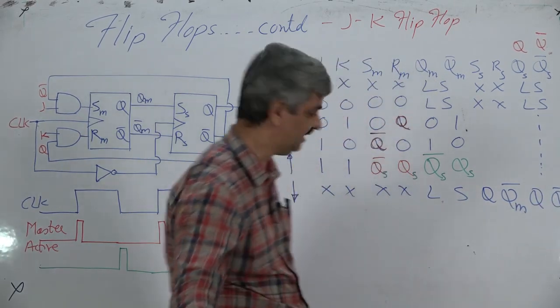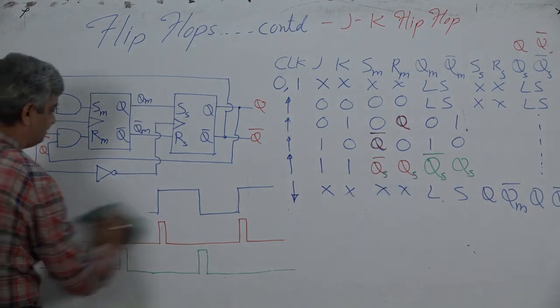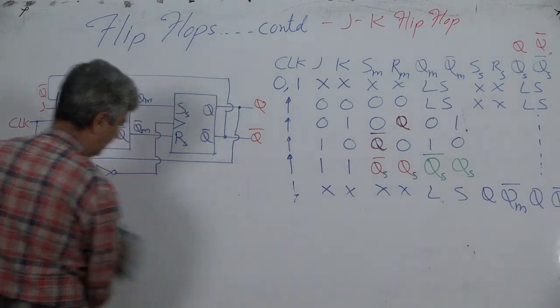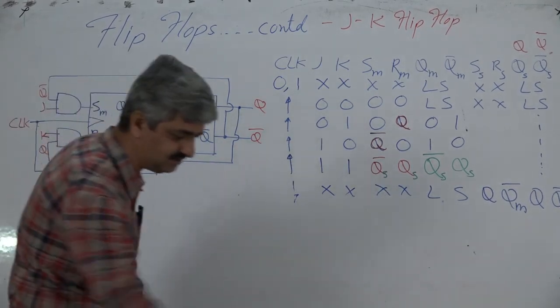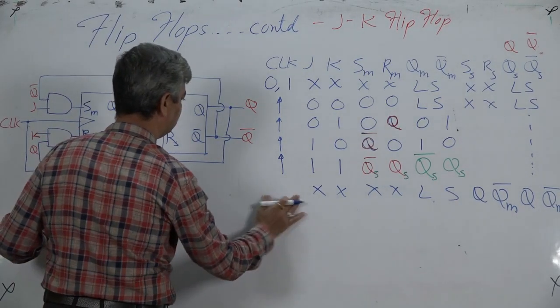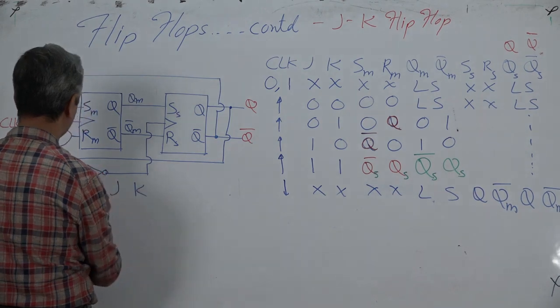So a concise truth table of the JK flip flop I can write like this. I hope you understand it. It's too much exhaustive discussion. J, K, CLK.